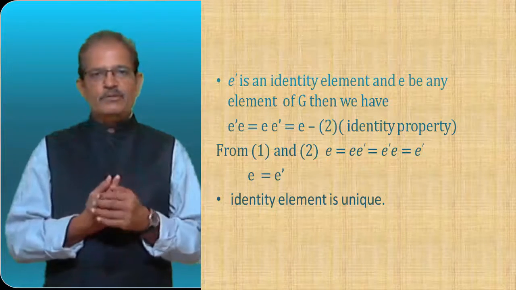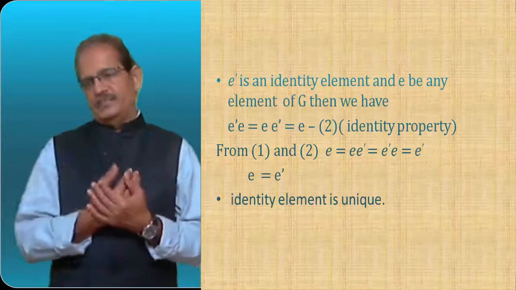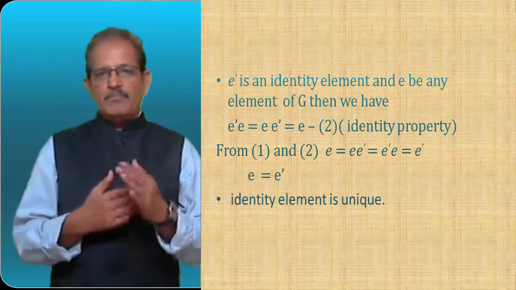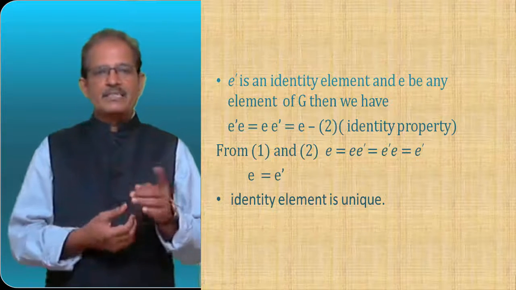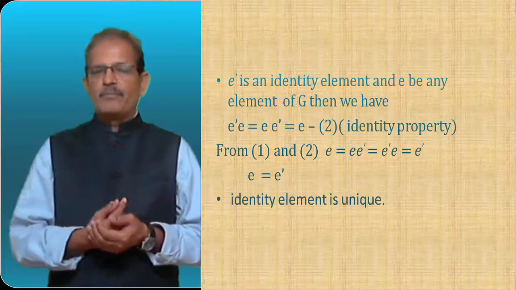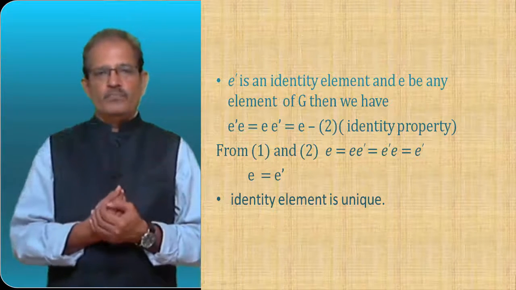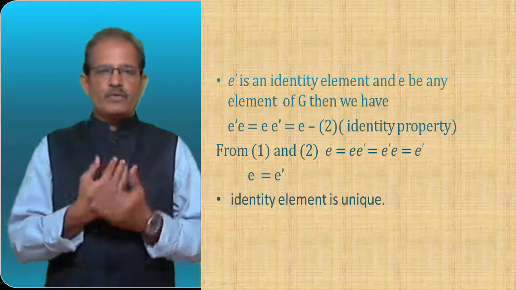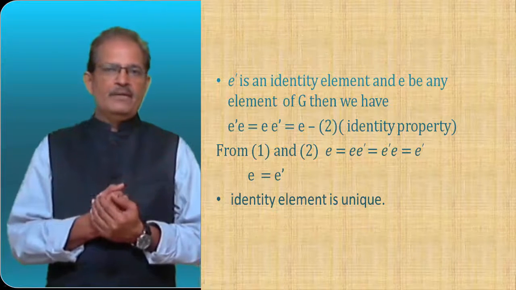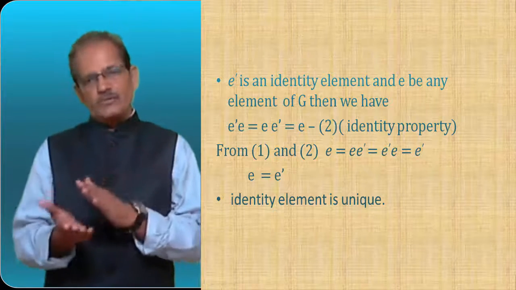Now this time you take E dash as an identity element and E be any element of G. So same property if you apply, E dash E is equal to E dash is equal to E this time. It is also from identity property. So give any number to this, that is 2. So if you observe 1 and 2, E dash is equal to E dash E will be E and same is equal to E dash.